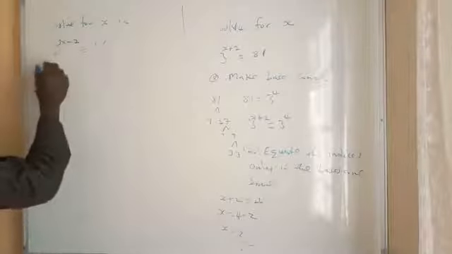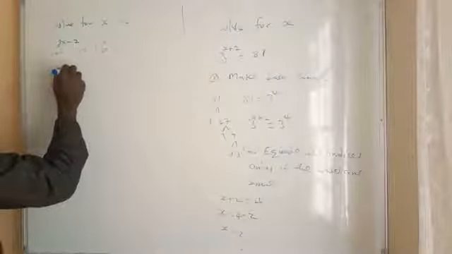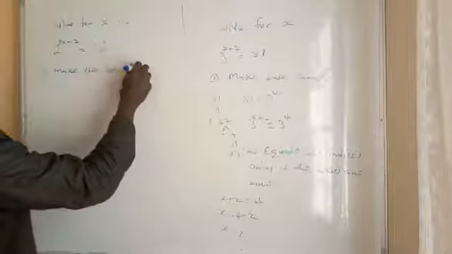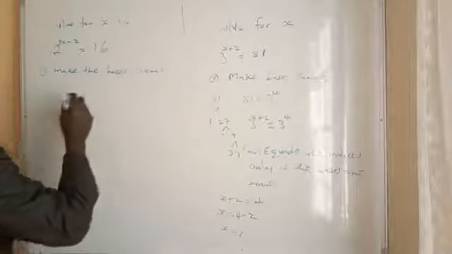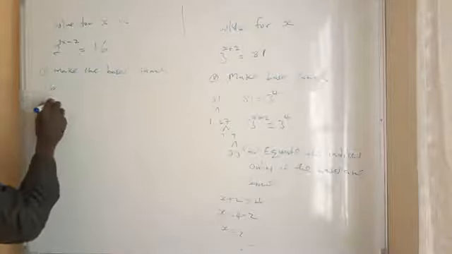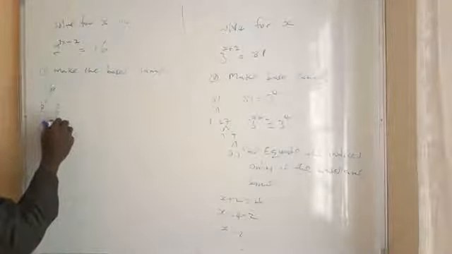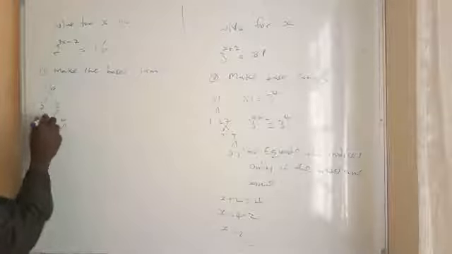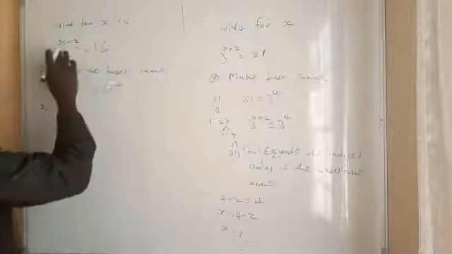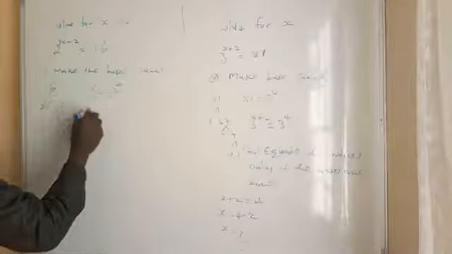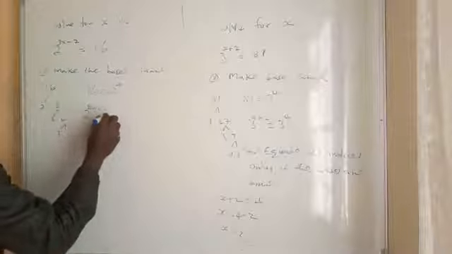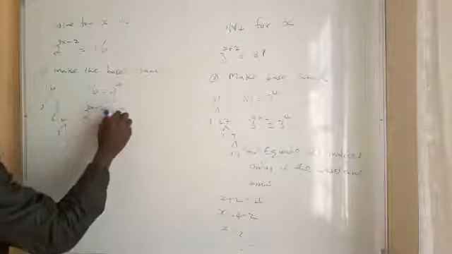The bases are not the same, so number 1, make the bases the same. So find the factors of 16 with respect to 2. This is 8, 2, 4, then 2 times 1, that is 1, 2, 3, 4. So 16 is equal to 2 power 4. So we have 3 power x minus 2 is equivalent to 2 power 4.